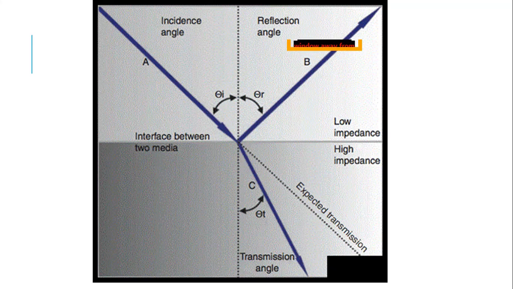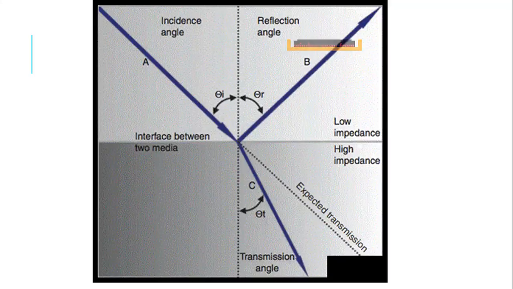We know the low impedance here at the interface between two media. The upper one is low impedance and the lower one is high impedance. This explains what will happen to any wave beam.